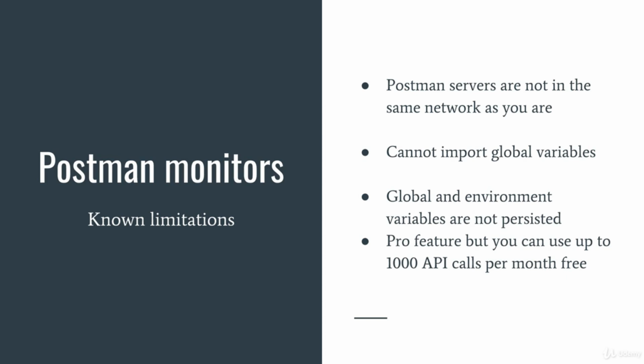So in case you need additional permissions, you need to talk with your IT department or whoever is responsible to make sure that this access from outside is possible. From what I know, if you're a Pro customer, they will even give you a fixed IP address for this monitor so that you can easily whitelist that specific IP address. But in that case, make sure you get in contact with support so that they can arrange that for you.